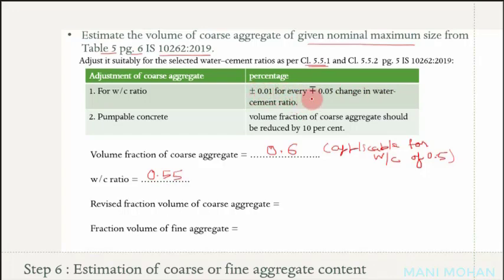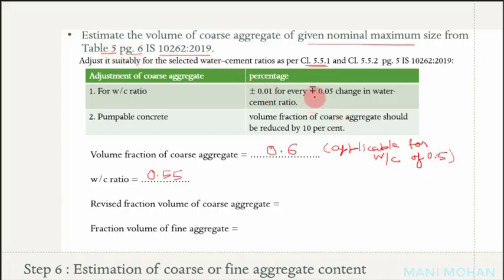Let us understand this. Suppose the water cement ratio is reducing by 0.05, then for every decrease of 0.05 in the water cement ratio, you add 0.01 to the volume fraction which you have got from table number 5.